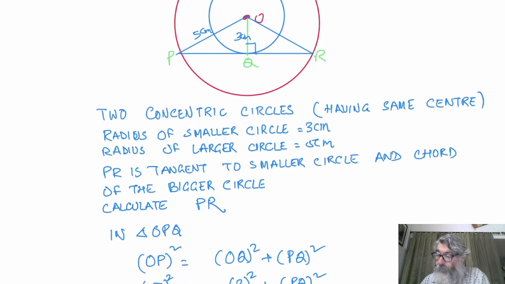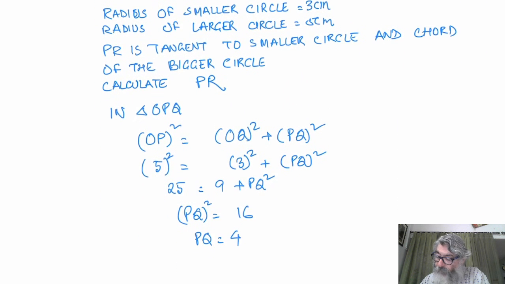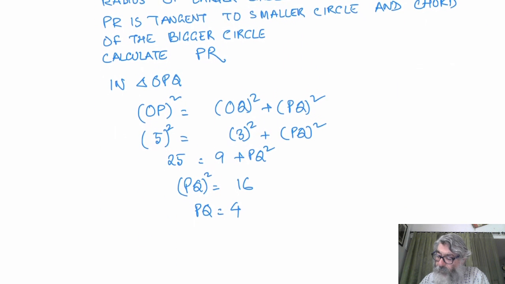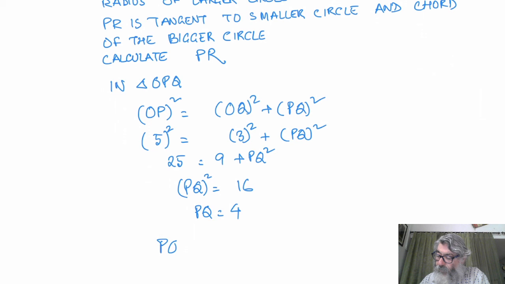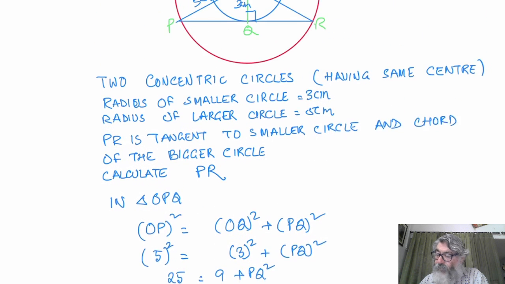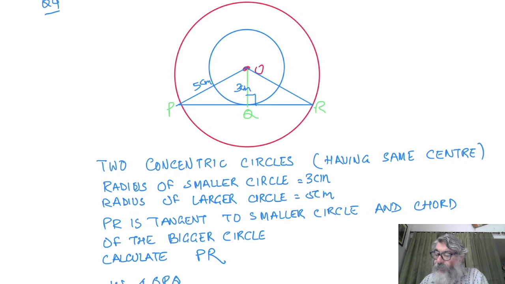PQ is equal to QR is equal to 4 centimeter. Why? If you calculate from this side also, these two triangles OQP and OQR are congruent, and if you apply the same thing, you will get 4 centimeter.